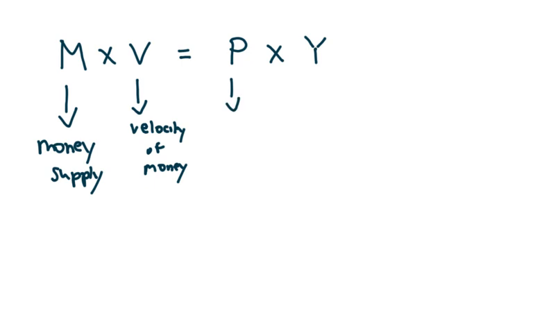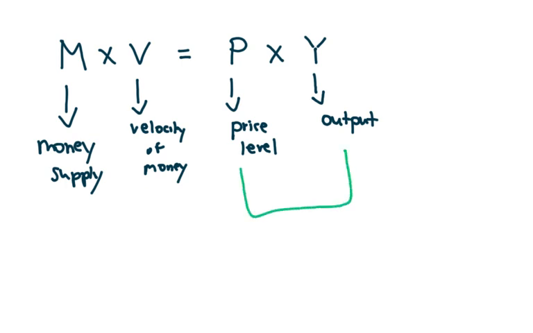So that's one side of the equation. P is what you would think it stands for. That is price level. And Y here, we're just going to call that output. What's being produced by the given country. And something we can note here really quickly is that P times Y is nominal GDP.